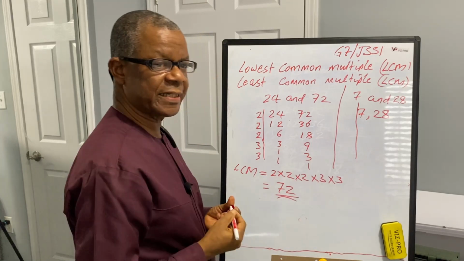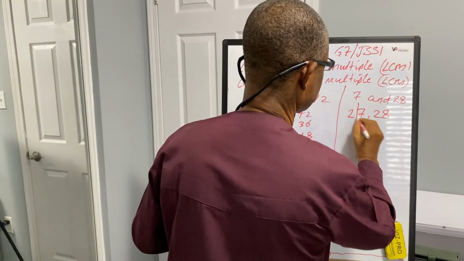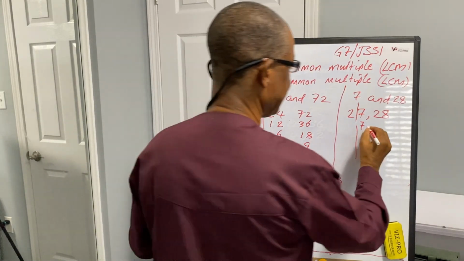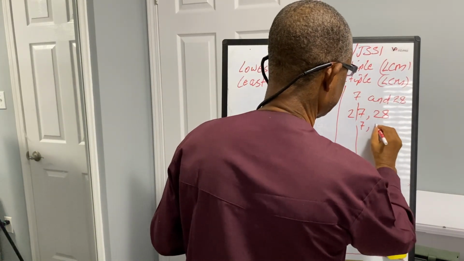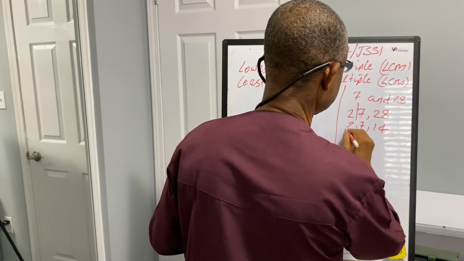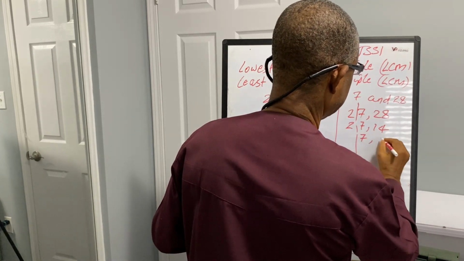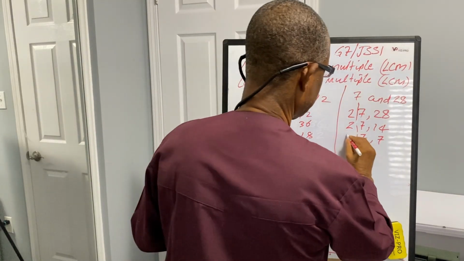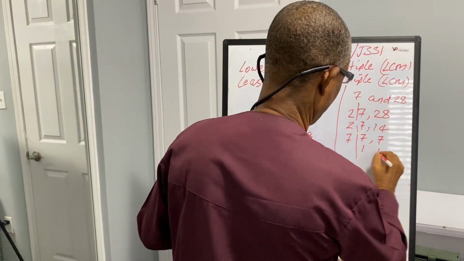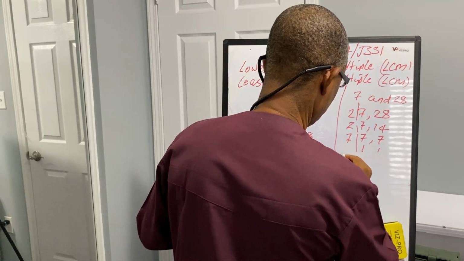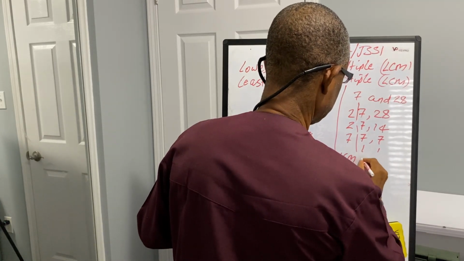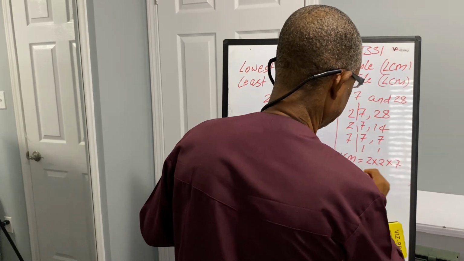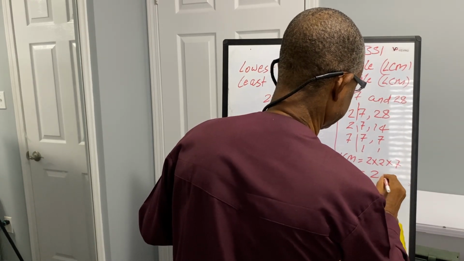2 can divide 28 without a remainder. So with 2, this remains 7 because it's not divisible by 2 without a remainder, and 28 divided by 2 will give us 14. 2 can still go. This remains 7, and 14 divided by 2 gives 7. And 7 will go, giving us 1 and 1. So our least common multiple will be 2 times 2 times 7, and that will result in 28.